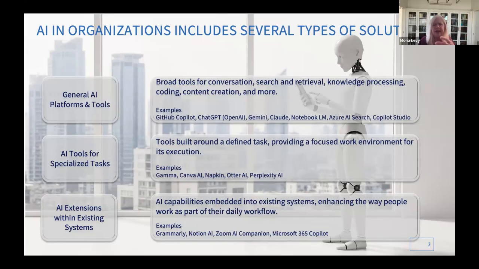And today we find it in anything we do, starting with Grammarly for spelling or for writing, and going on with 365 Copilot, which you can also look at as a platform, but we already have it, so I put it in the third one. Zoom added all kinds of capabilities, etc.